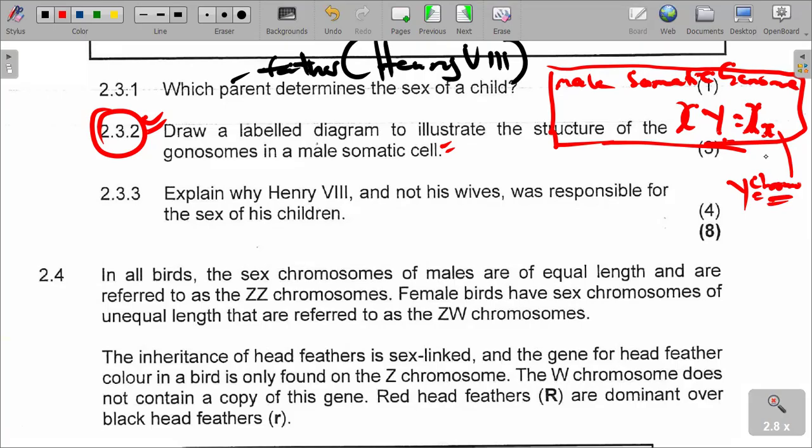Explain why Henry VIII and not his wife was responsible for the sex of the children. This is question 2.33.